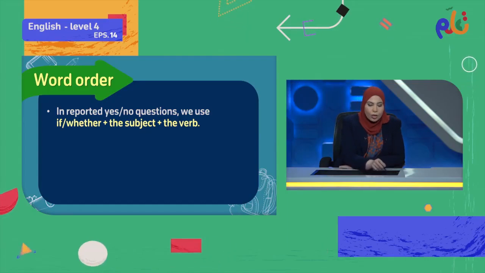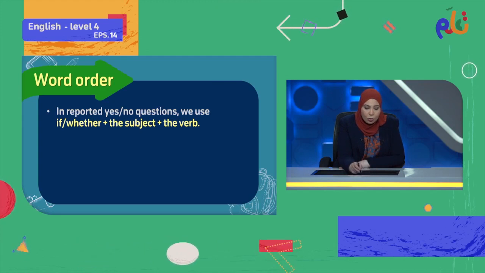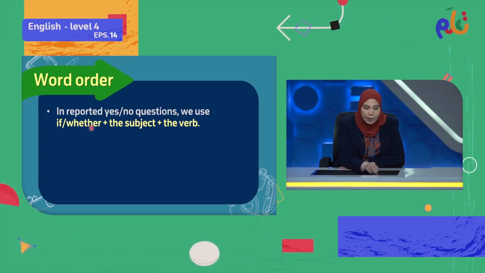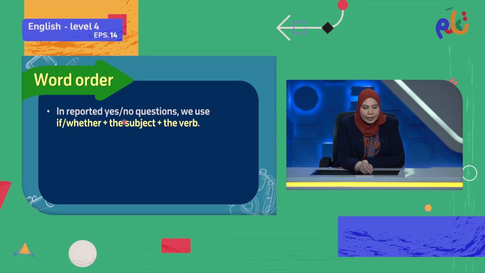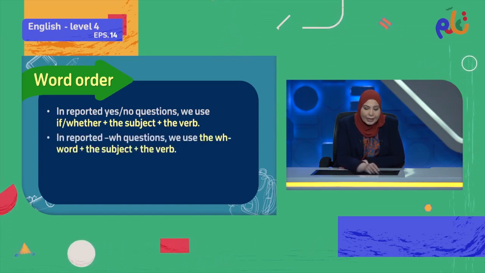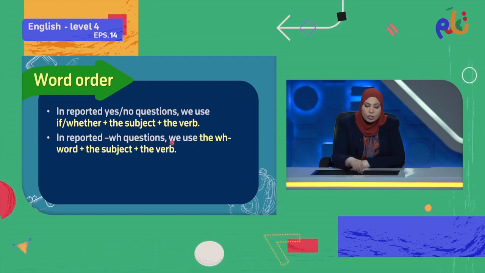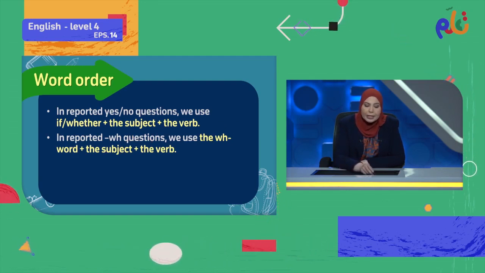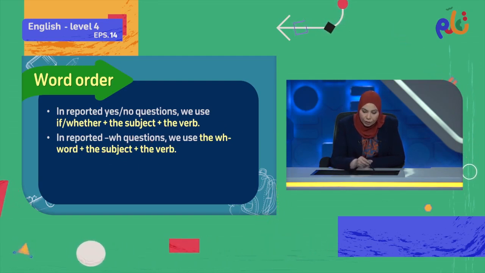Subject first and then verb, no helping verbs unless we have a negative. So in reported yes/no questions, we use if or whether, the subject and then the verb. And in reported WH questions, we use the WH word, the subject and then the verb.